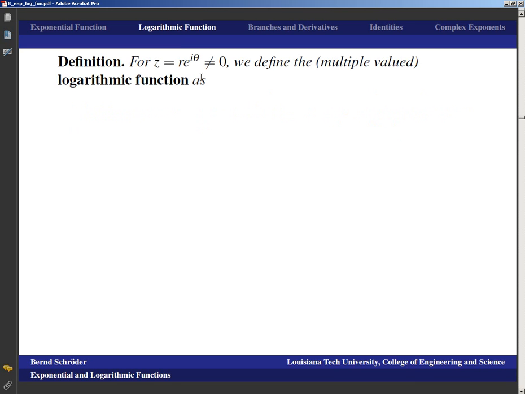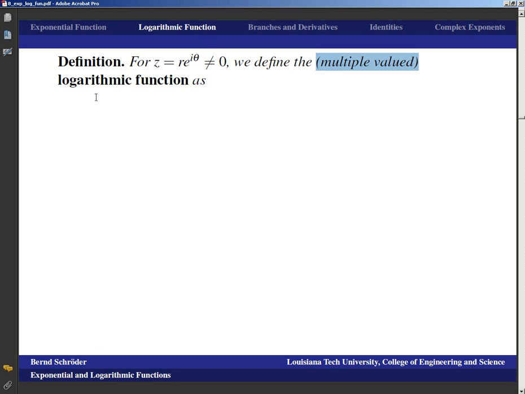For z being r e to the i theta non-zero, we define the multiple valued, and here's where we have to be careful, and that's what will give us some work in the remainder of the presentation, actually.